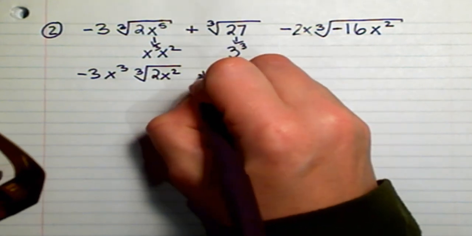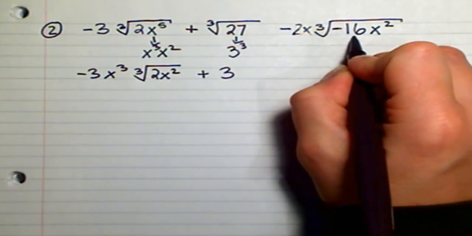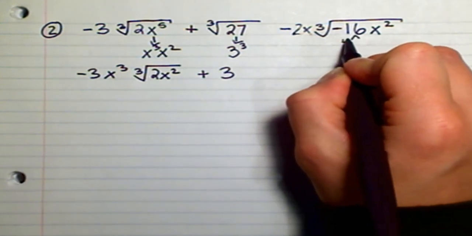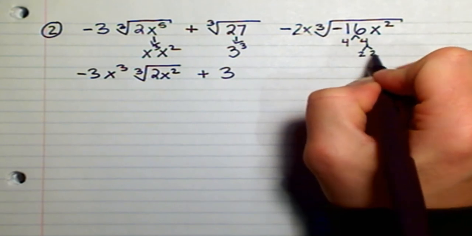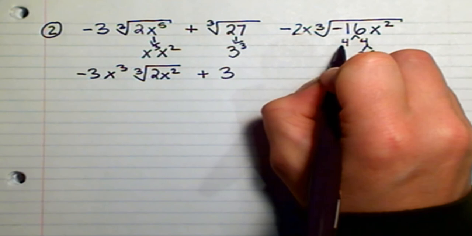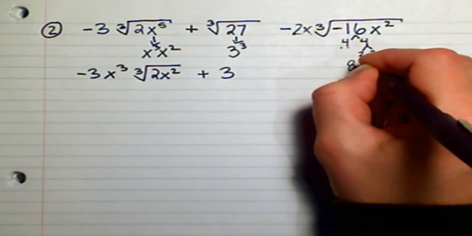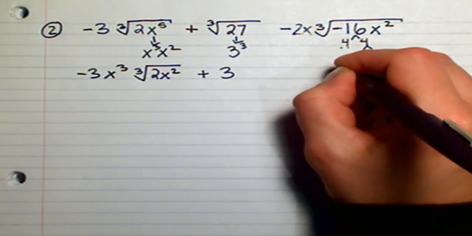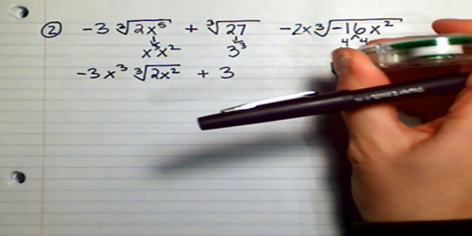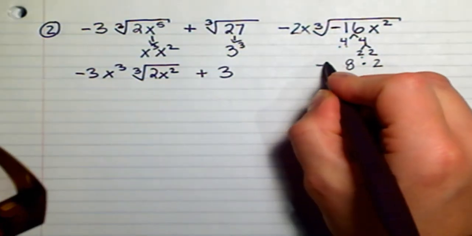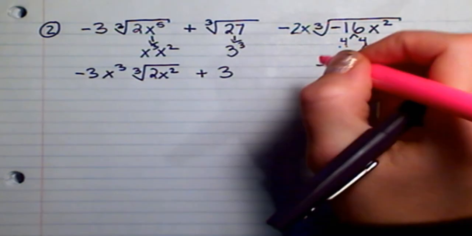So this is going to be plus 3. 16, I see 4 is the perfect square, and look at this: 2 times 2 times 2, that's actually 8 times 2. And I'm going to put the negative here. The negative is the negative 1. Okay, that's my perfect cubes.